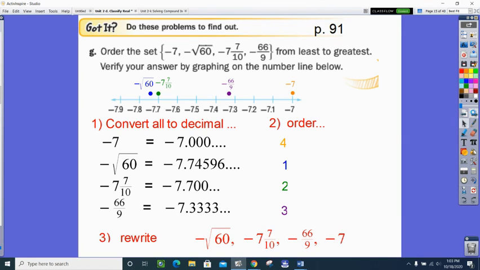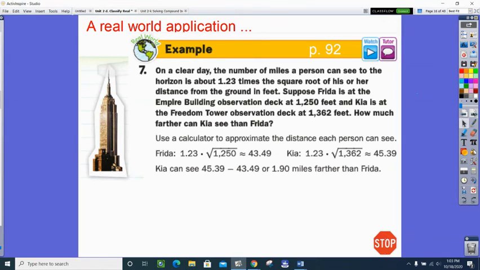So finally, where the heck is this stuff used? One of the places that square roots are used is your sight line to the horizon, being how far can you see out towards the horizon. On a clear day, the number of miles a person can see to the horizon is about 1.23 times the square root of his or her distance from the ground in feet.